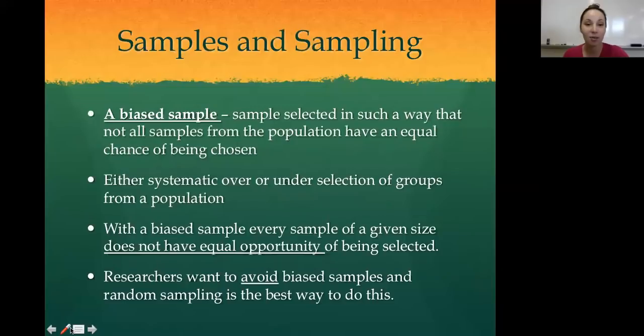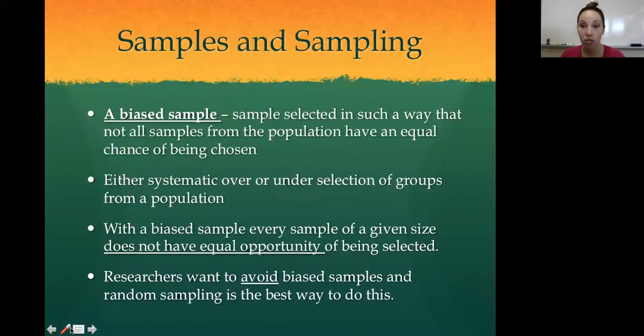Oh, here we go, biased sample. So a biased sample is a sample selected in such a way that not all samples from a population have an equal chance of being chosen. So we can try to get pretty close to being a random sample, but because it's so difficult to do, we mostly use biased samples. So we can do this in a systematic way, or over or under selecting of groups.